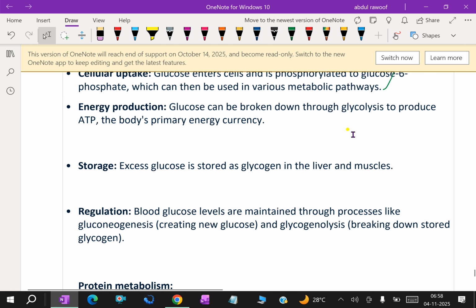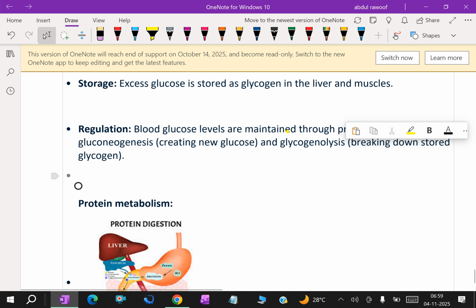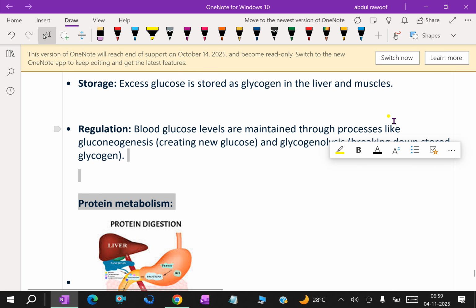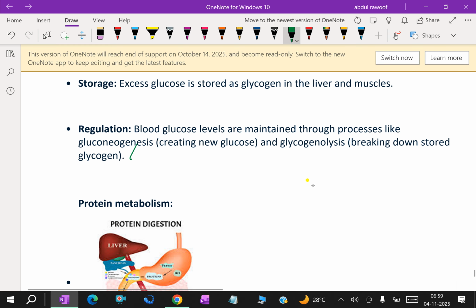Glucose can be broken down through glycolysis to produce ATP, the body's primary energy currency. Storage. Excess glucose is stored as glycogen in the liver and muscles. Regulation. Blood glucose levels are maintained through gluconeogenesis, that is creating new glucose, and glycogenolysis, breaking down stored glycogen.